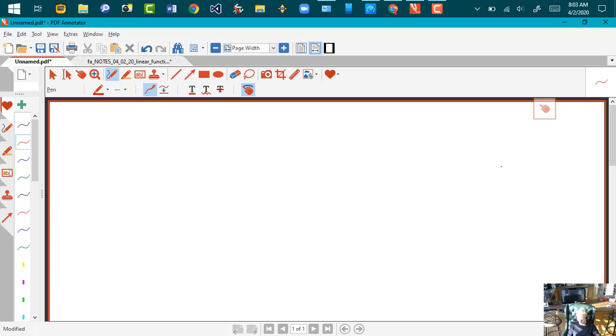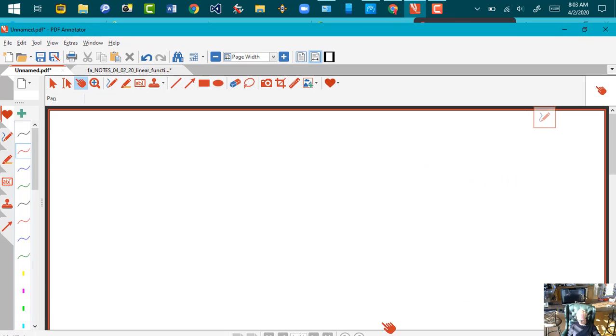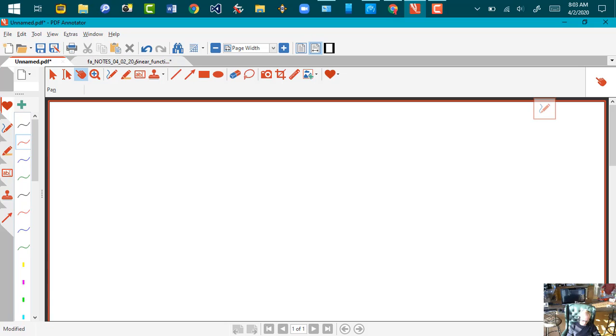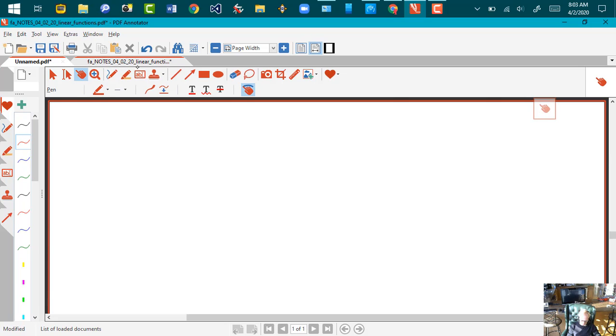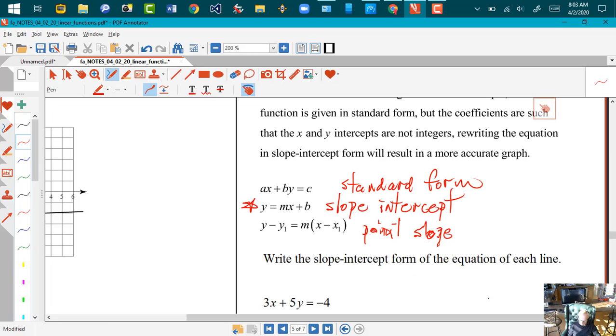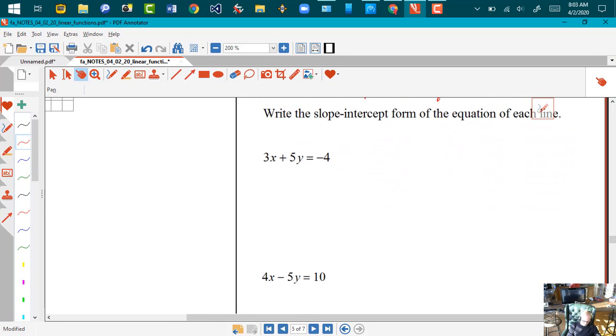Okay, so the question then is writing the equation of a line. First of all, how do you get something in slope-intercept form? Well, you solve for y. So essentially you're moving everything to the right side of the equation. So in this first problem, I would want to move the -3x over to the right.